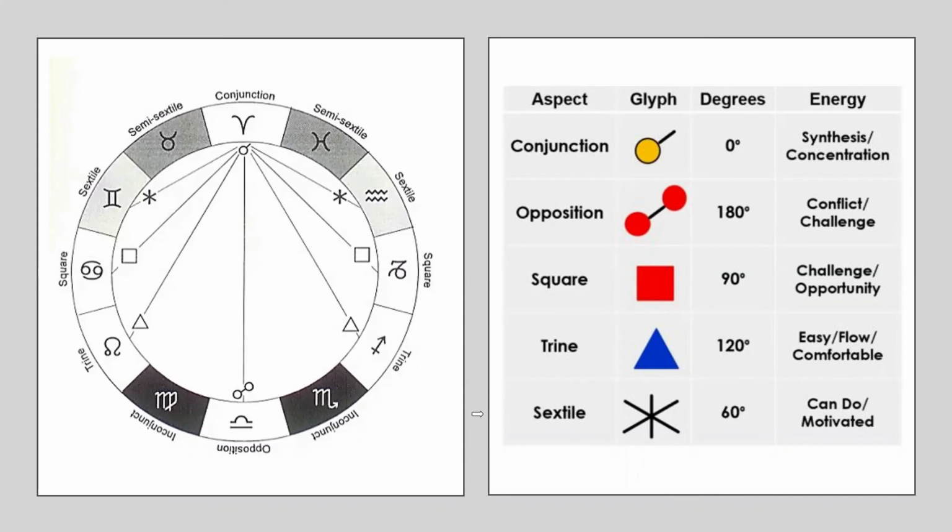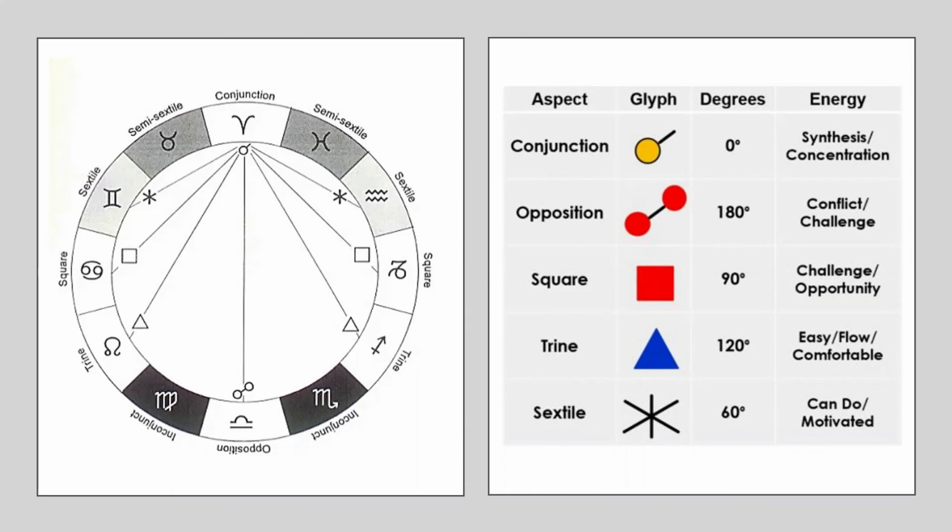The trine of 120 degrees and the sextile of 60 degrees are called the soft aspects because they're easy aspects. They represent things that are easy for you in your natal chart. The square of 90 degrees and the opposition represent the hard aspects because both of them are challenging.